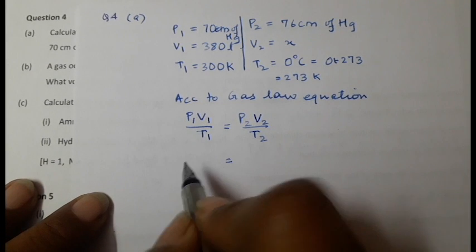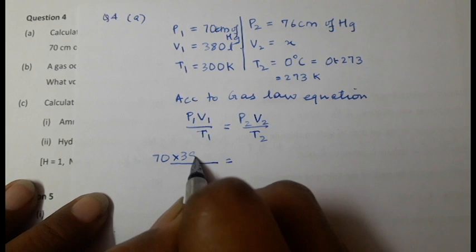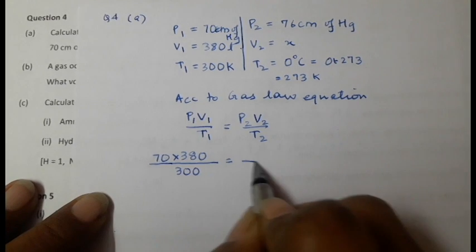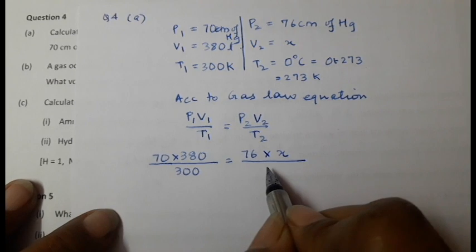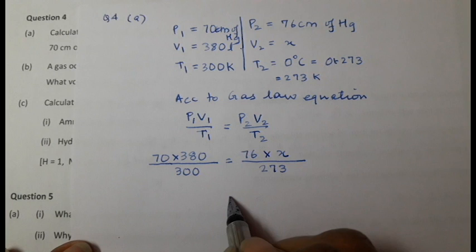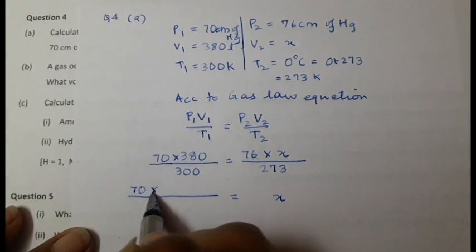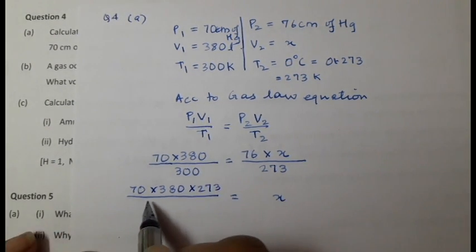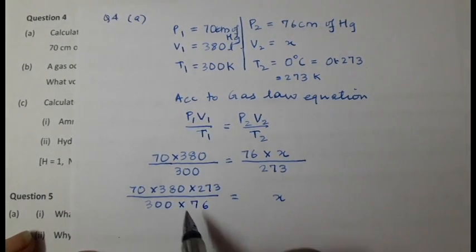We substitute the values. 70 multiplied by 380 upon 300, and here it will be 76 multiplied by X upon 273. So our X will be 70 into 380 into 273 upon 300 multiplied by 76.